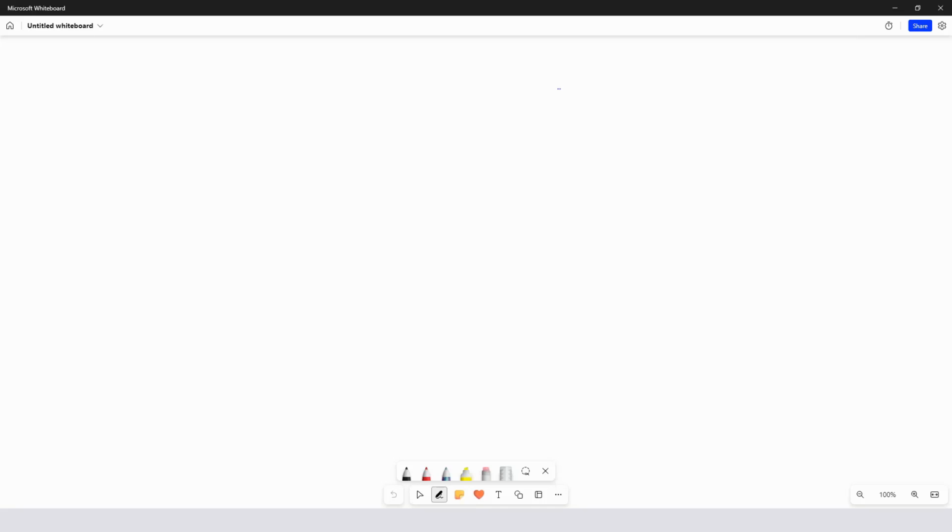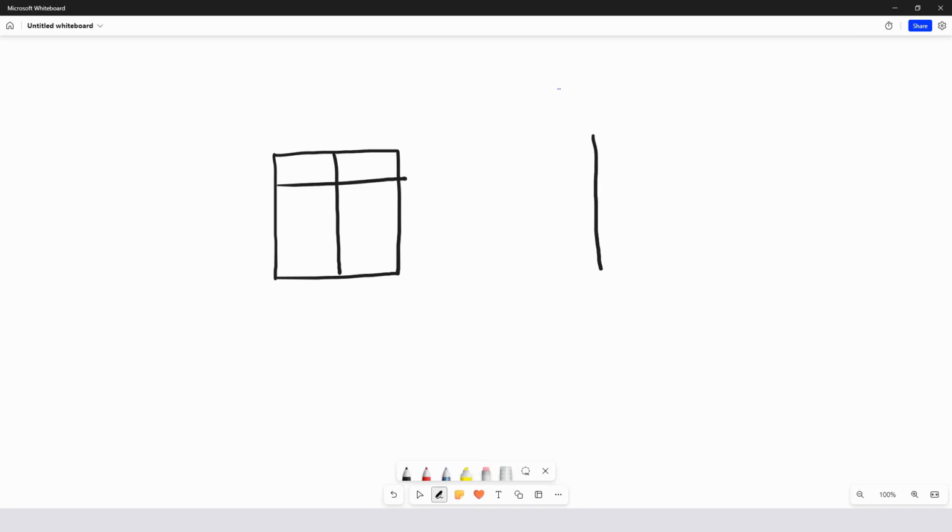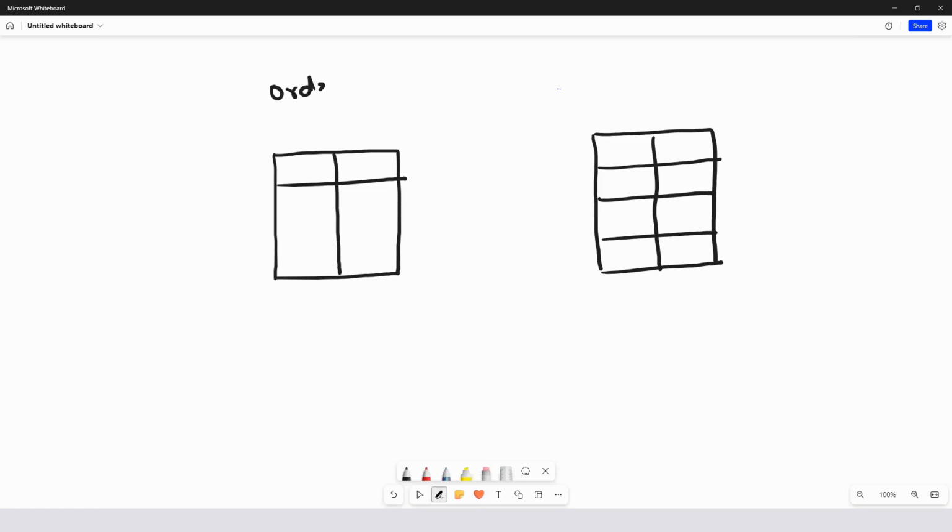So let's take two blocks. Let's say this is my order flow. I'm just going to give a small example over here. Imagine this is my order book.